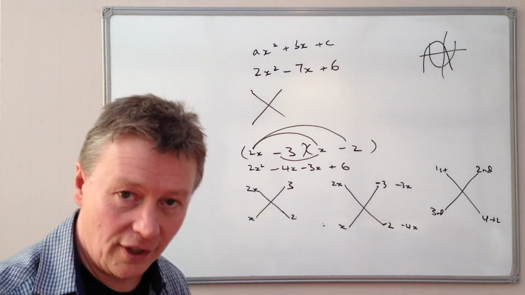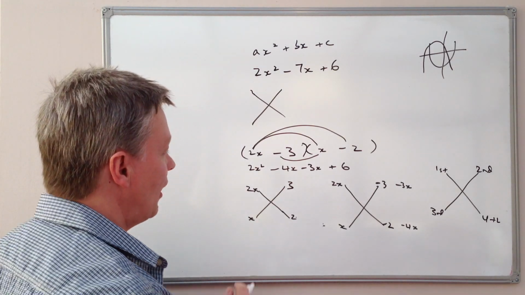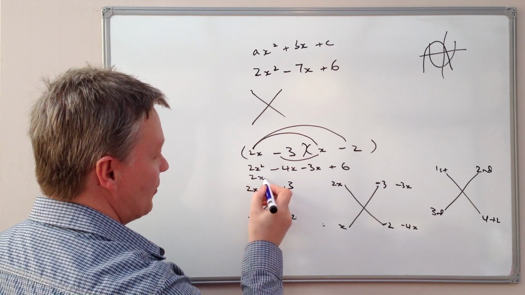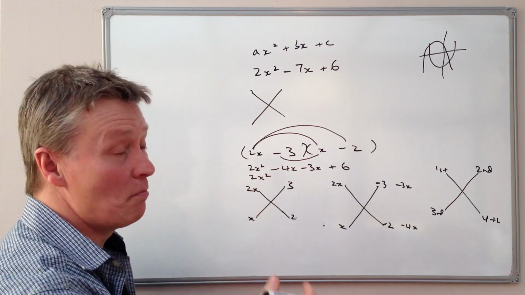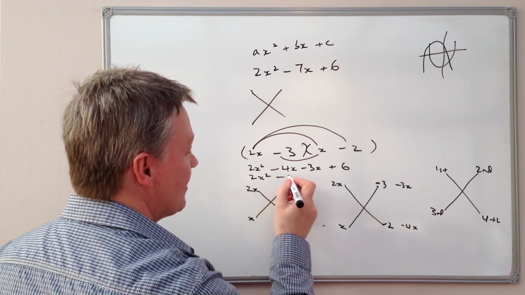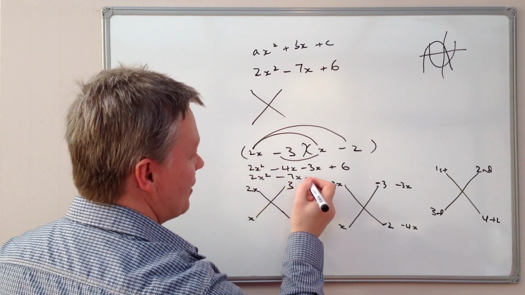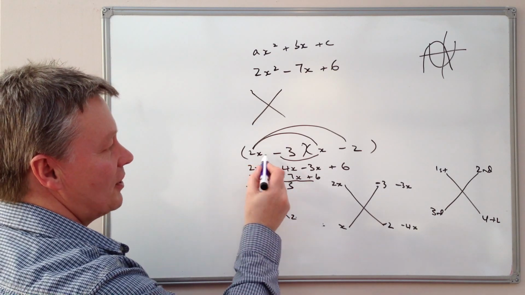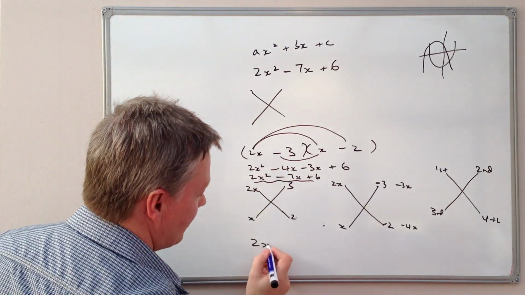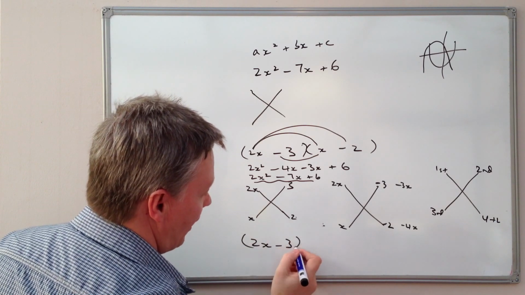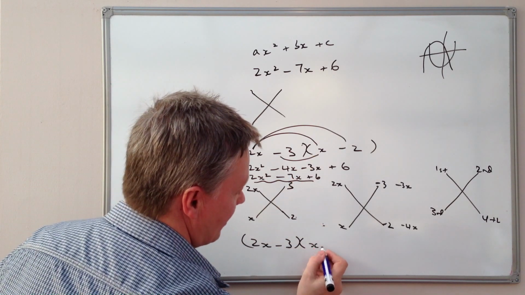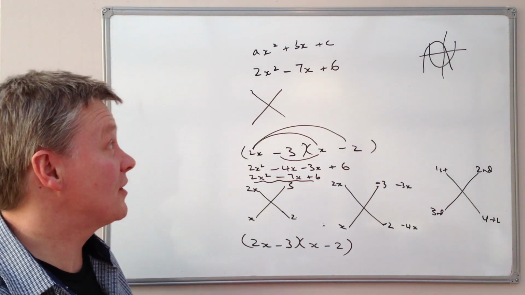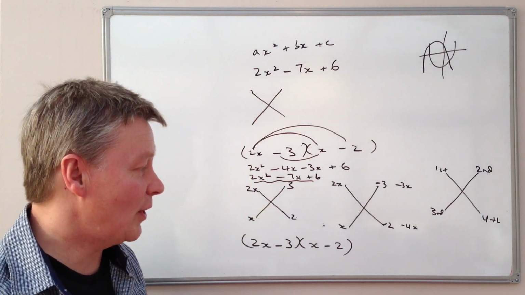And if I just gather like terms and tidy that up a little bit, I've got, I'm running out of space here, but I've got 2x squared, minus 4x minus 3x is minus 7x, positive 6 is positive on its own. So actually, yes, 2x minus 3, all in brackets, multiplied by x minus 2, all in brackets, is the factorisation of this question here.